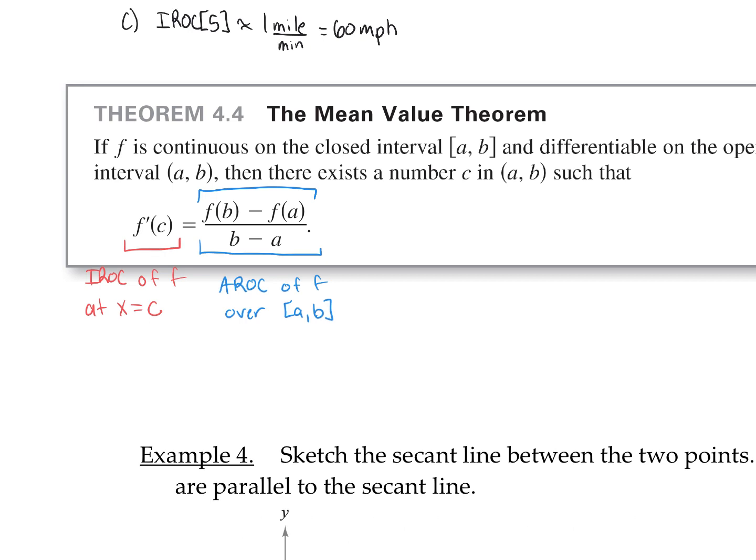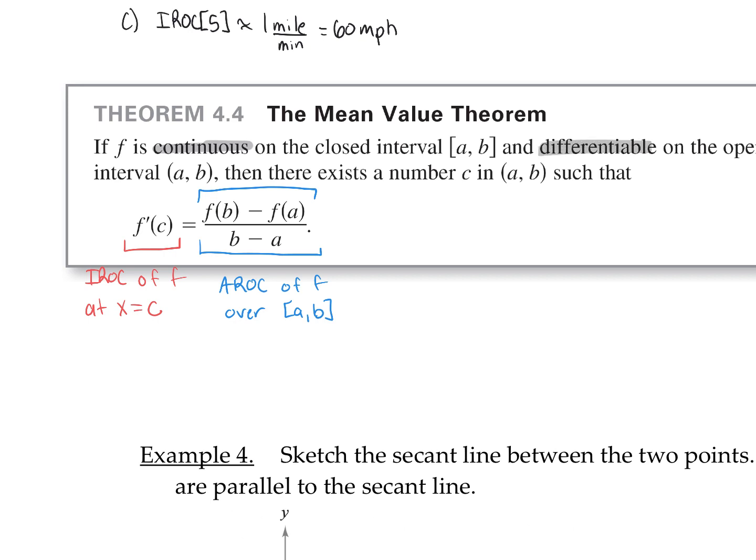So the average rate of change is going to equal the instantaneous rate of change for at least one number in the interval a to b, so long as your function is continuous, that's important, and differentiable.